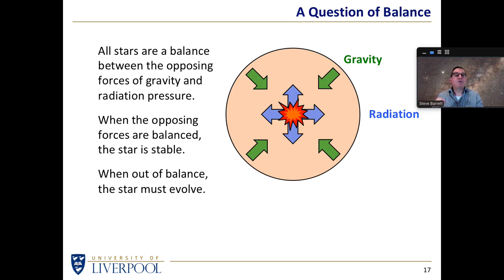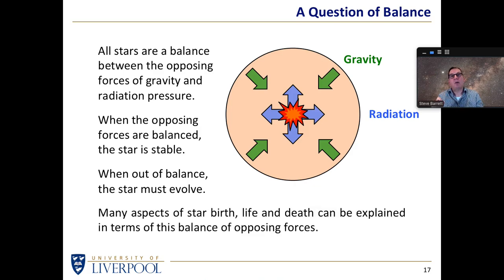But if those two forces ever get out of balance, then the star must change, the star must evolve. In fact, all of star birth, star life and star death can be explained in terms of this basic idea: are the forces in balance, or are things out of balance, in which case things have to change.